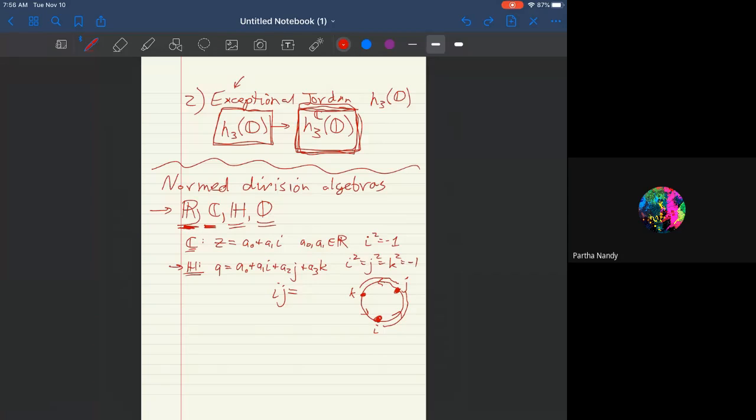I times j is equal to k, and there's a plus sign because I moved in the same direction as the arrow on the circle. If instead, for example, I had taken k times j, so I start at k, I head towards j. I'm not familiar enough with this program to know exactly what I'm doing wrong here, but I didn't mean to put that.